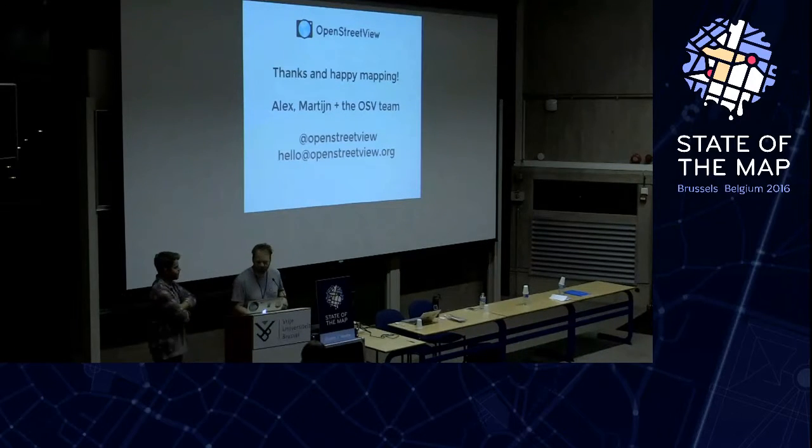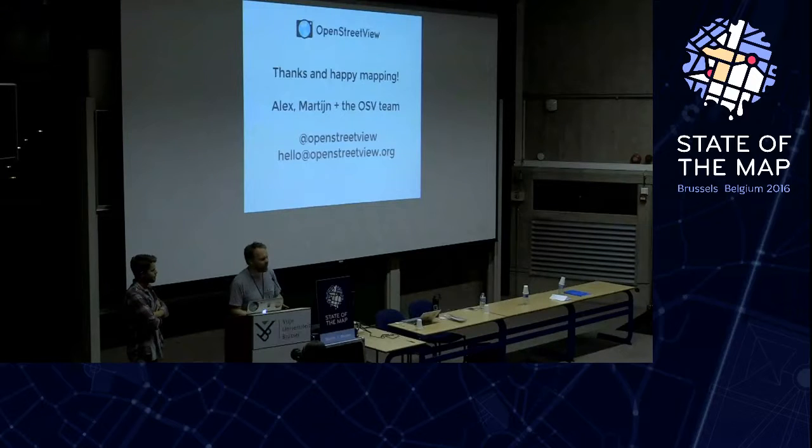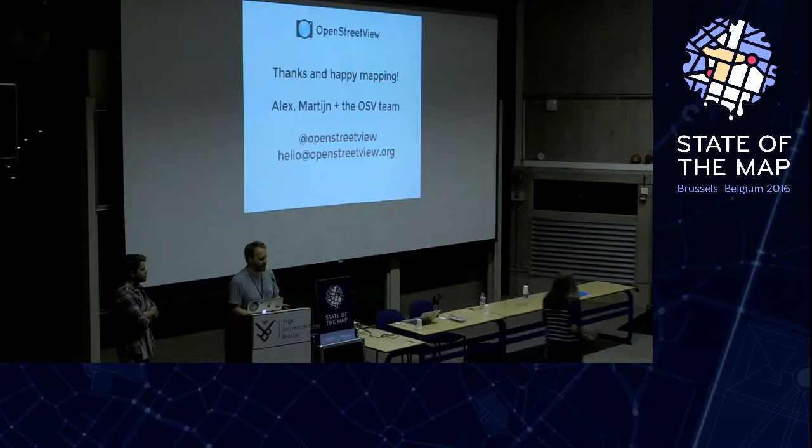Let me add something to that real quick. As much as we would like to go fully automatic, I think there always has to be a human component to it, at least for the foreseeable future. As much as we can train these machines to do stuff for us, I do think it will remain challenging to fully automate it, also because mapping in OSM is not always an exact science.